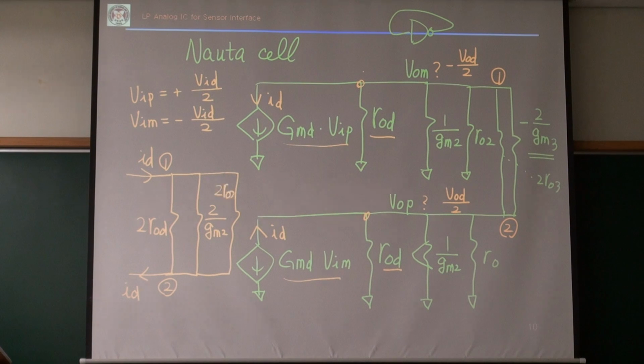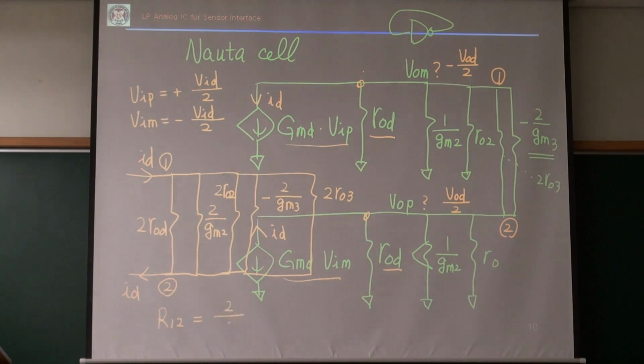And how about that one? That's already in differential format. This thing is minus 2 over GM3, so this is minus 2RO3.